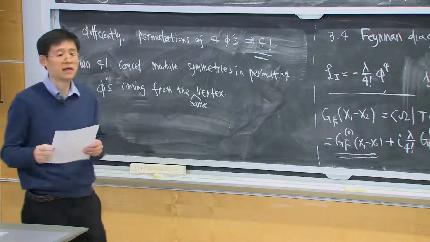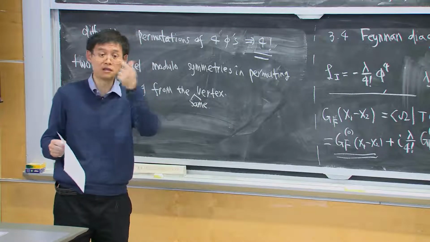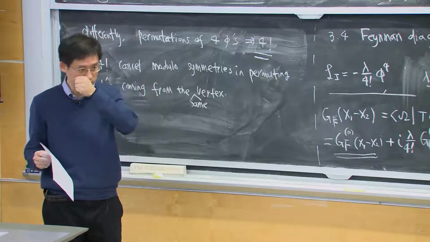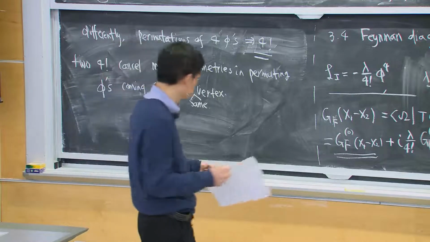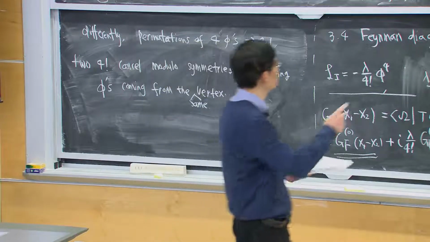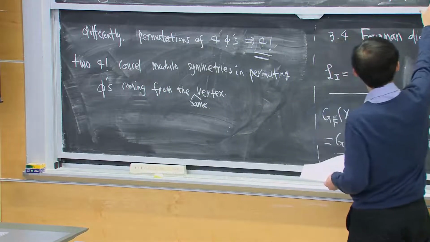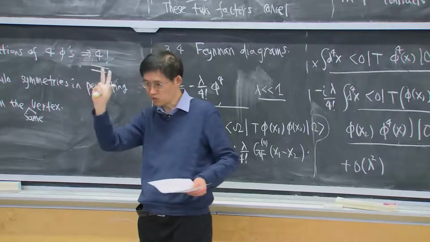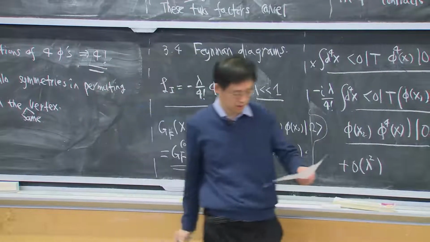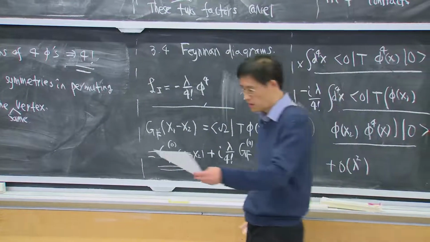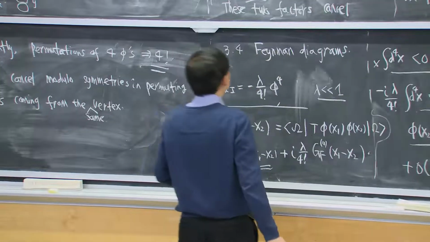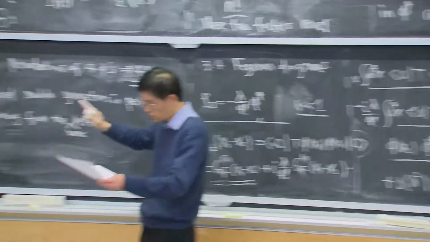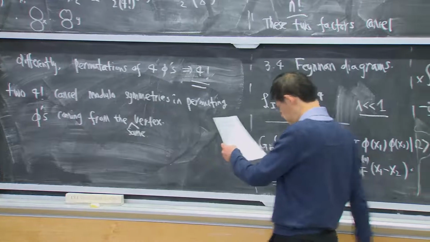Again, if two phis are contracted the same way, when you permute them you don't generate a new diagram or a new way. So now we have two different permutations: one is to permute the vertices, and the second is to permute the phis within each vertex. That means both the n factorial and the 4 factorial cancel.